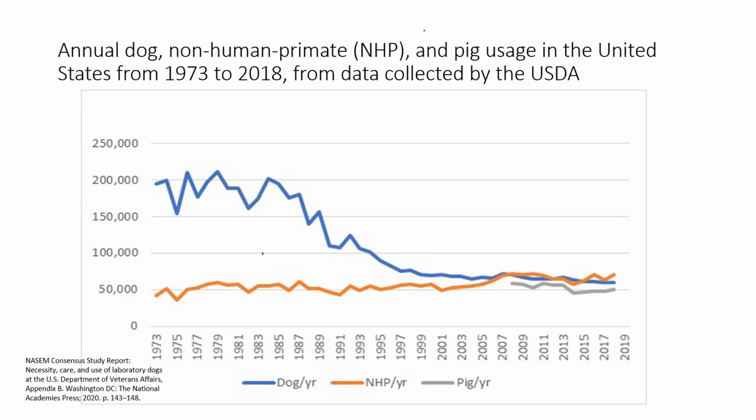So I've included here in the gray line USDA data for pigs. Prior to 2008, the USDA included pigs with all other farm animals, only breaking them out in that year. And I would just say that the use of pigs is following the same trend as the use of dogs.